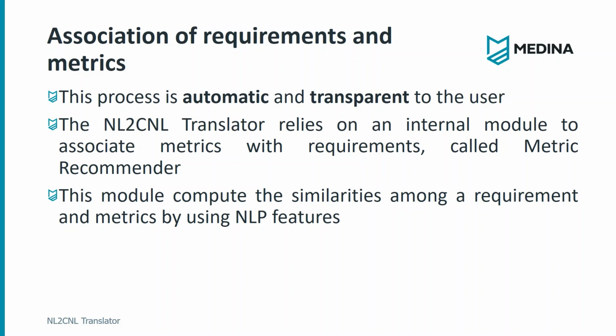Given a requirement, the Metric Recommender transforms it into a numerical representation by using NLP features. The same is done for all the metrics available in the catalog. Then, the Metric Recommender computes the similarities between a requirement and metrics. The most similar metrics are associated with the requirement. The whole process is automatic and transparent to the user.